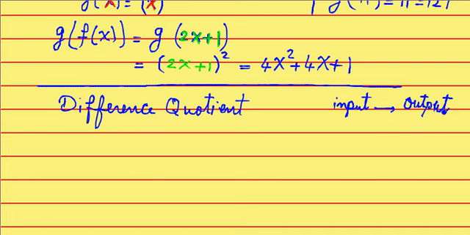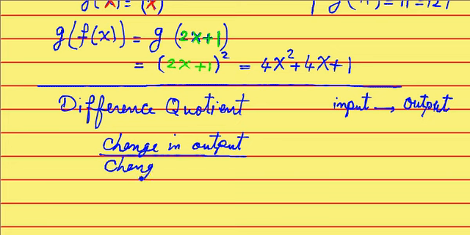One common way of measuring the connection here is to figure out change in the output divided by change in input.